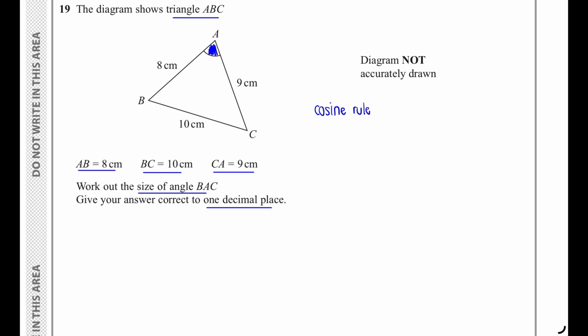And the formula is a squared equal to b squared plus c squared minus 2bc cos A. So in this case, a squared will be 10 squared equal to 8 squared plus 9 squared minus 2 times 8 times 9 cos A.